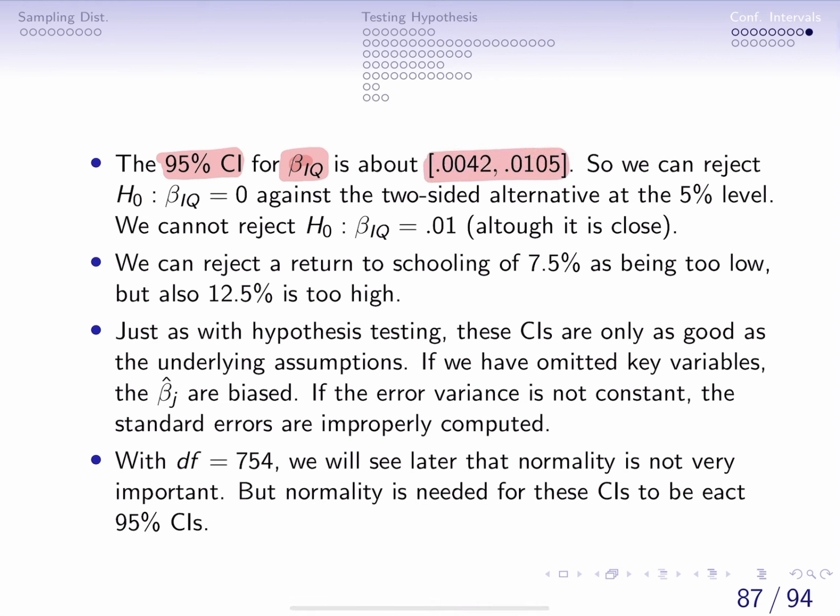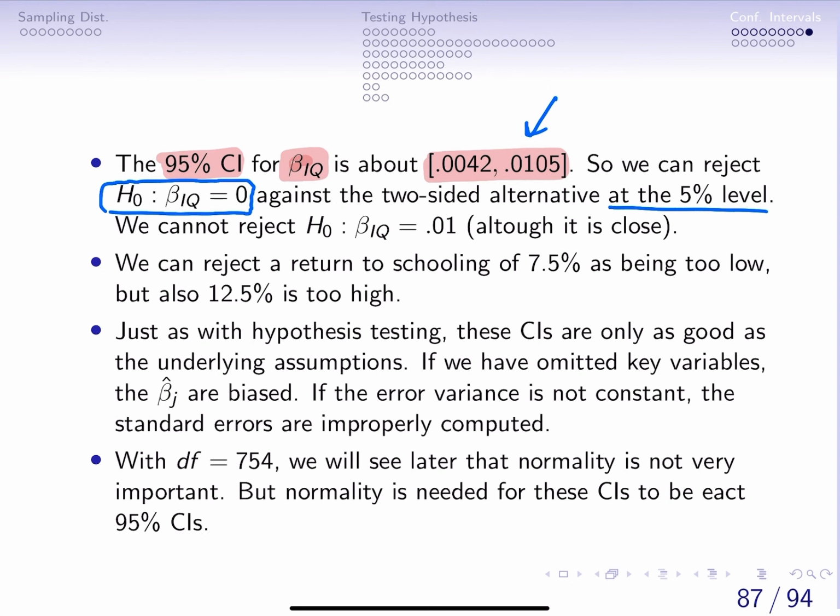If we wanted to test this hypothesis, which says that there is no effect of IQ on wages, then notice here that we can reject the null against the two-sided alternative at the 5% level, because the value of 0 is not contained in this interval.